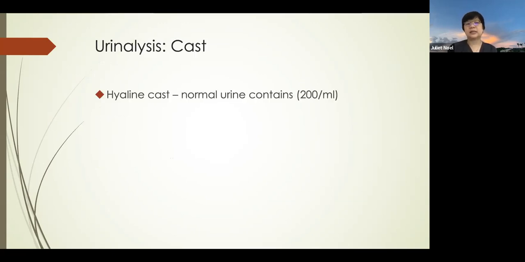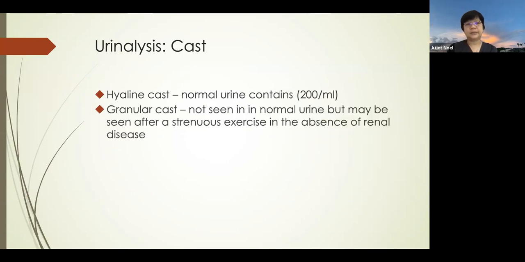Hyaline casts are normal and are seen in a normal individual. Granular casts are normally not seen in normal urine, but after strenuous physical activity you sometimes see granular casts without any renal disease.